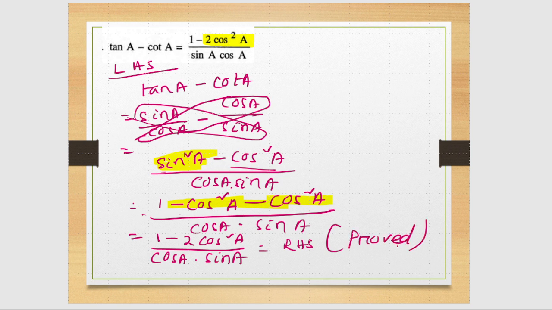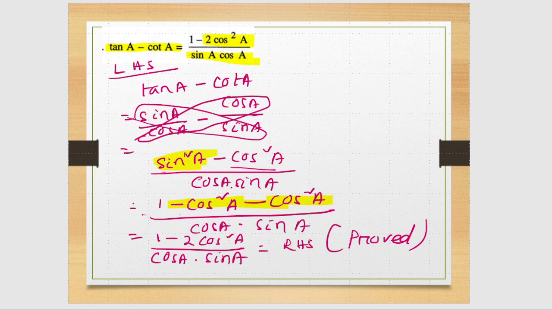Just simple practice is required, students. Don't think trigonometry is too hard. You can take either side, maybe RHS, maybe LHS, but just see which is easier for you to take. See here, going from tan A and cot A to cos A sin A is easy. Cos A sin A to tan A is not at all easy.